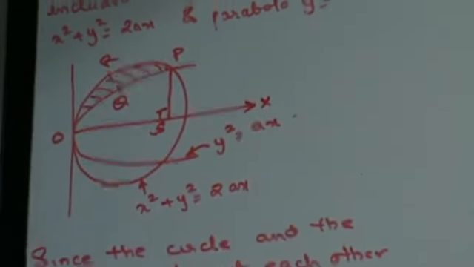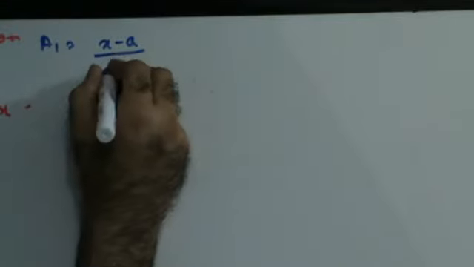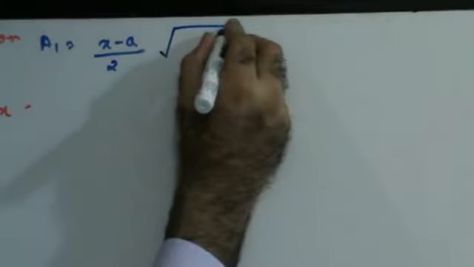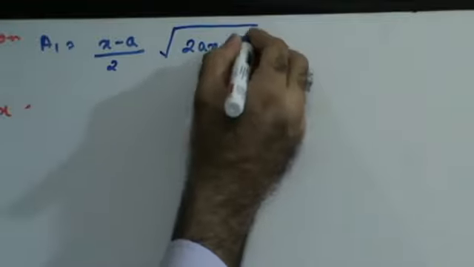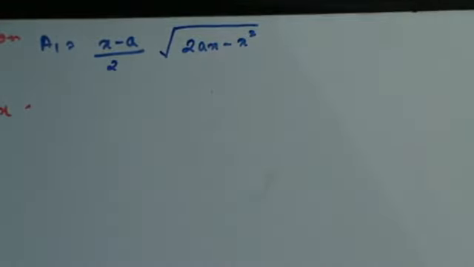Now the integral of a square minus x square is nothing but, A1 is nothing but (x by 2) times the square root of a square minus x square, that is 2ax minus x square, because a square minus (x minus a) the whole square, I got it actually from 2ax minus x square.